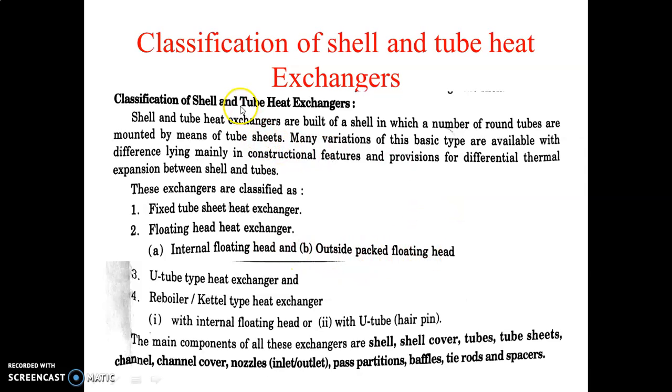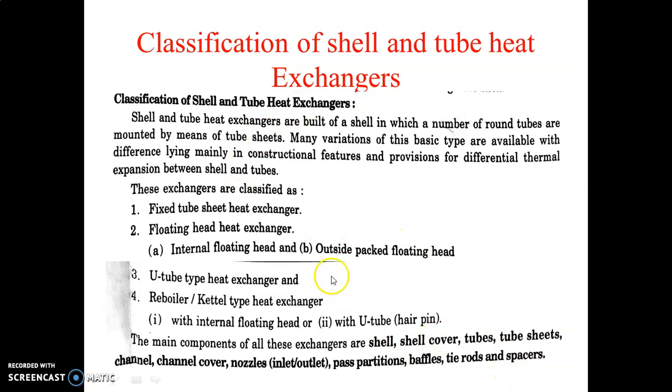And we already know that the different parts of shell and tube heat exchangers are shell, shell cover, tube, tube sheet, channel, channel cover, nozzles, pass partition, baffles, tie rod and spacers. So in previous lectures I had discussed all these parts, and also I had shown the figures of these components.